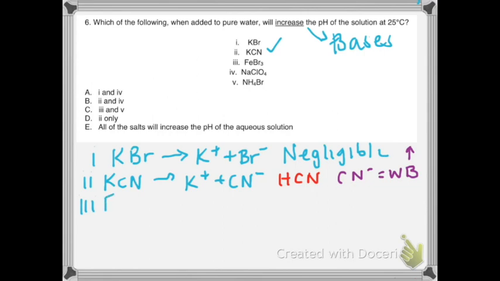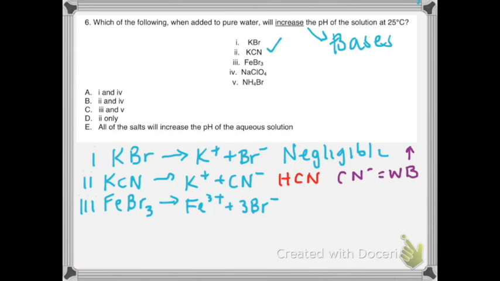If we look at FeBr3, we would get Fe3 plus and 3 Br minus. So Br minus is spectator. Then we have to think about the iron and what kind of species iron is.